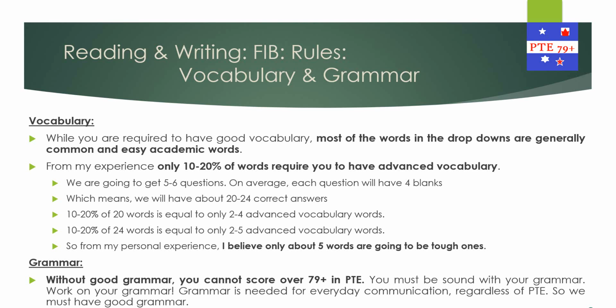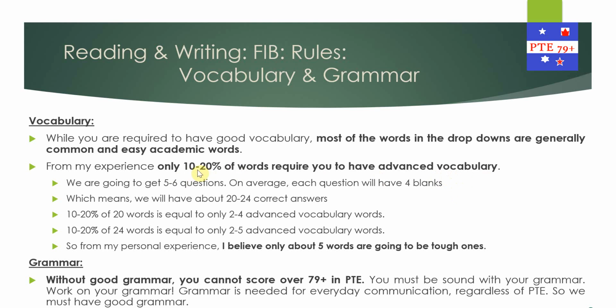If you're not able to cross 65, that means your English is not professional, and you might feel that a lot more percent of the words are difficult or of higher vocabulary than your level. But in general, for whoever is able to cross 65, they will only see that about 10 to 20% of words are advanced vocabulary, and maybe they don't know them.